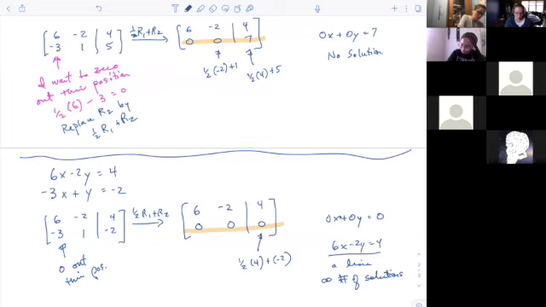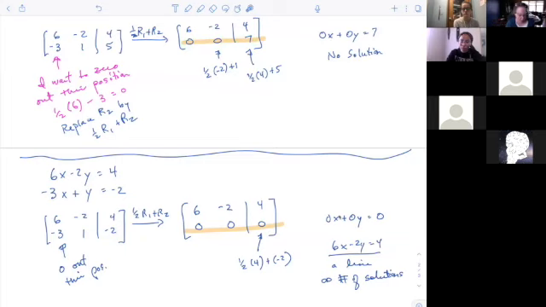So the reason why I've worked these out like this is because I want you to compare what these matrices look like, in particular, what the second row looks like in these matrices. So for no solution, we end up with a row of zeros, but then a non-zero in the right-hand column.